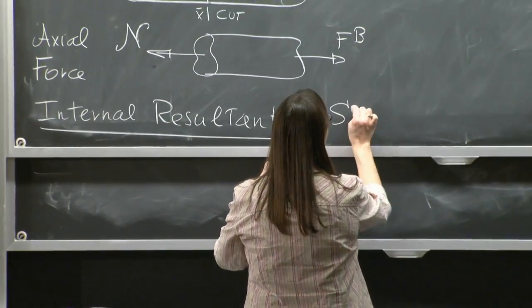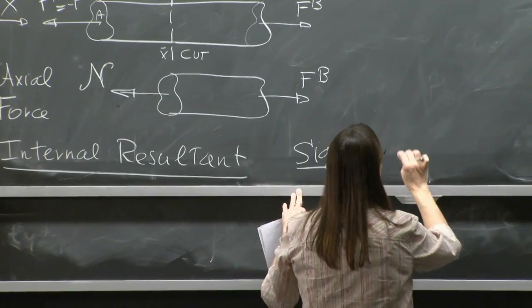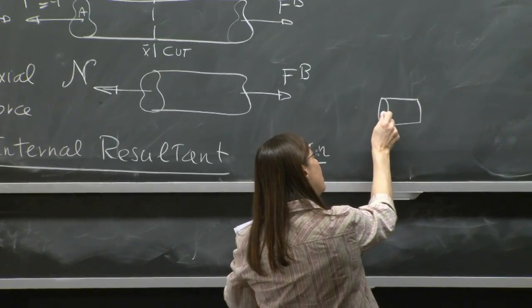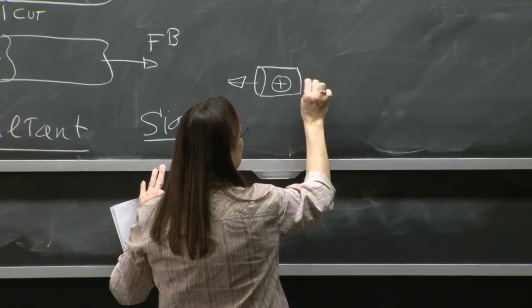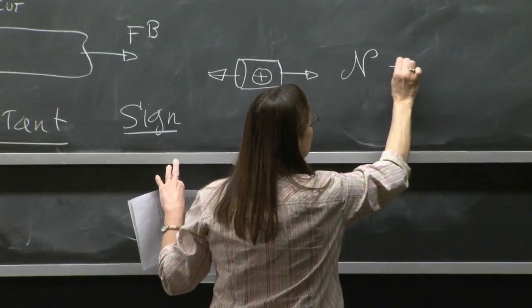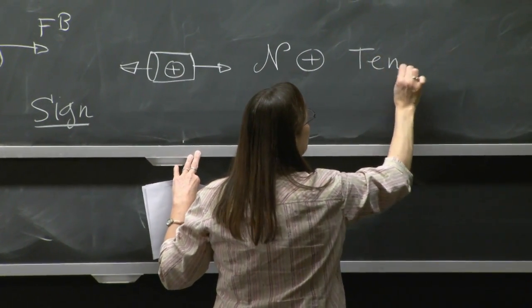So the sign convention for internal resultant N is the following. If you have a bar that is being pulled like that, then N is considered positive. And this is called tension.